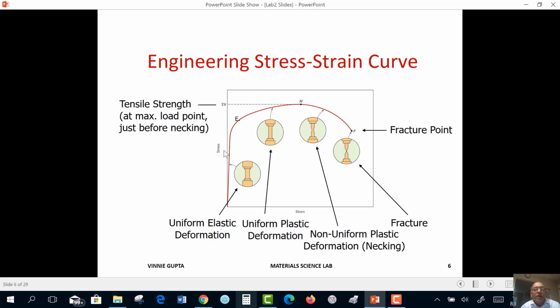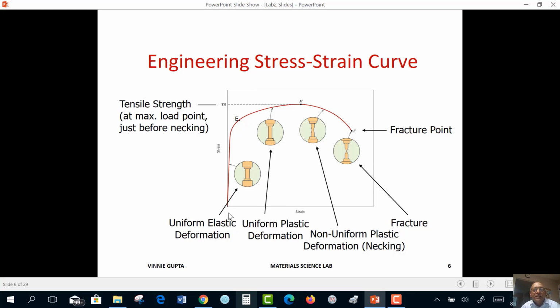And we are going to plot load over original cross-sectional area on the y-axis. Effectively, we are plotting load here, dividing it by a constant original cross-sectional area value. And we are plotting here the change in length effectively, because we are dividing it by a constant original length. So this is also a load versus elongation curve.